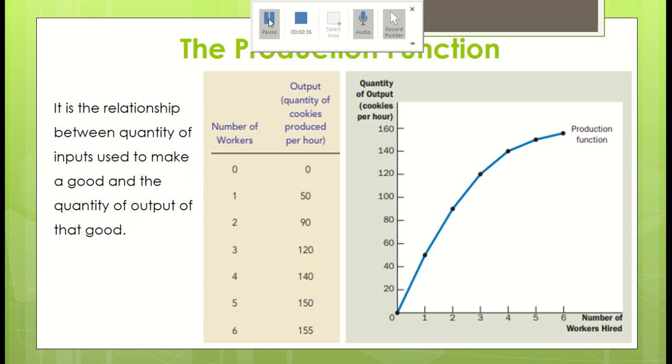Now we are going to start production function, that is relationship between quantity of inputs used to make a good and the quantity of output of that good.